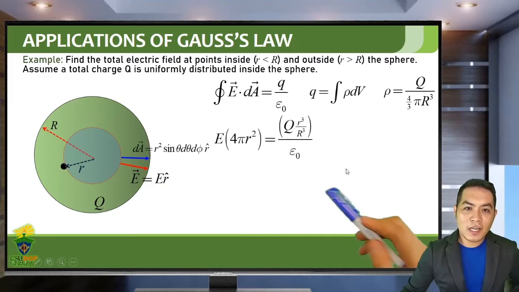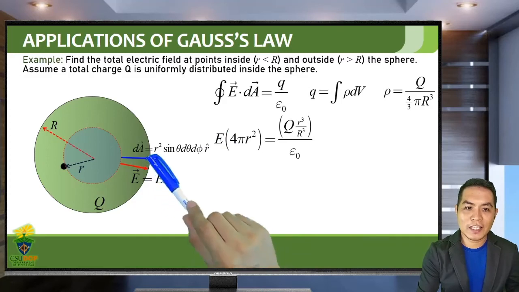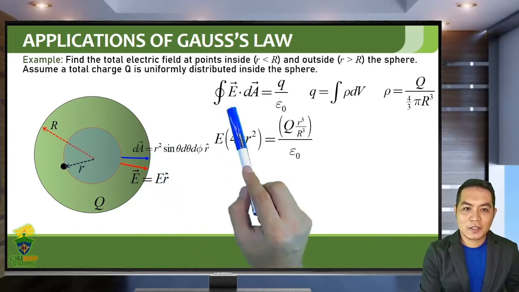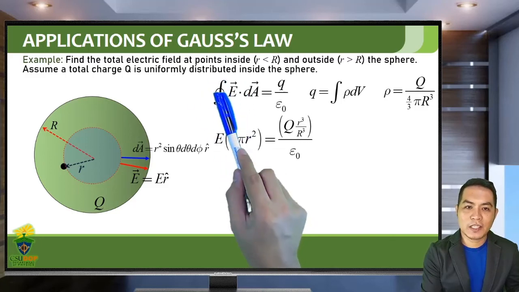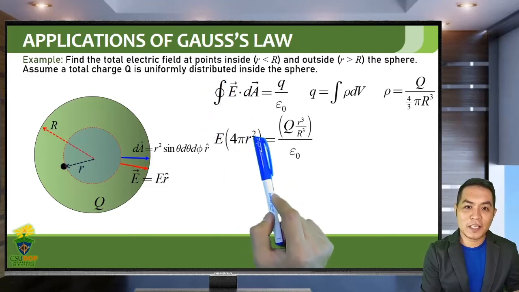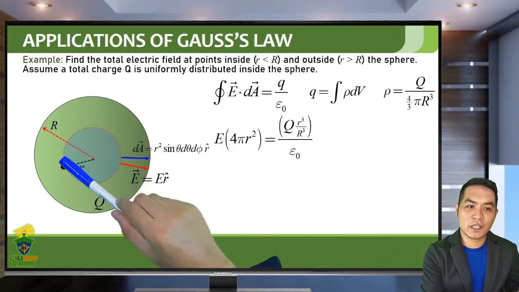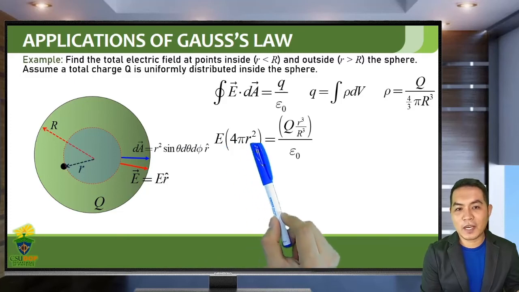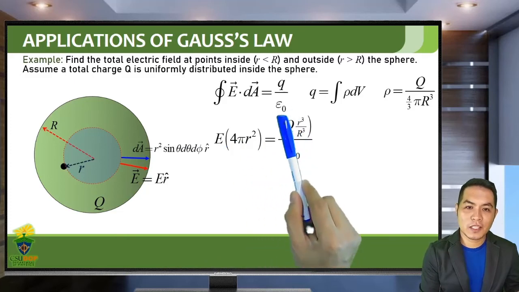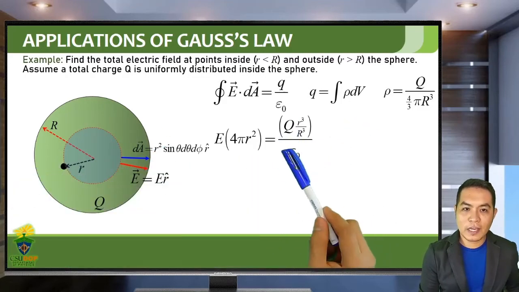So similarly, you use the vector form of E and dA here. E is constant, you can take it out of the integral, so you will just have the integral of dA, which is just the total surface area of your Gaussian surface, which is 4 pi r squared. So E times 4 pi r squared is equal to the charge enclosed, which is Q, this one, over epsilon naught.